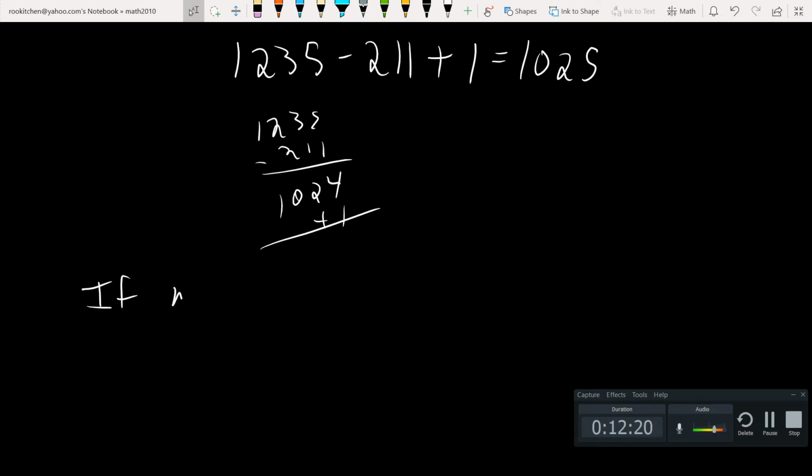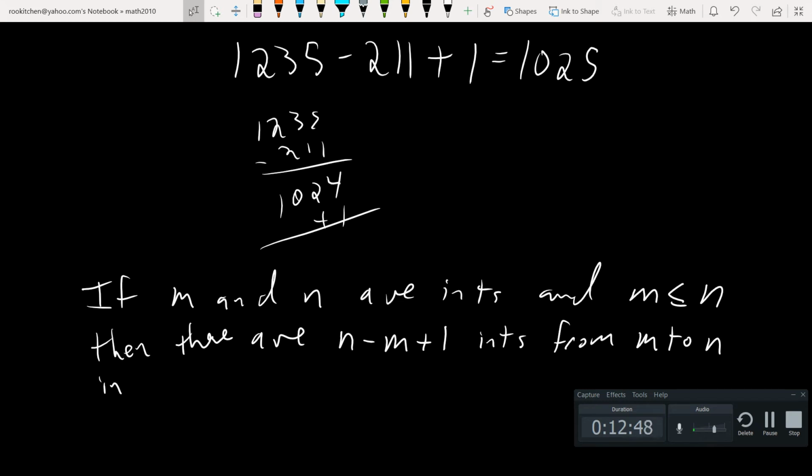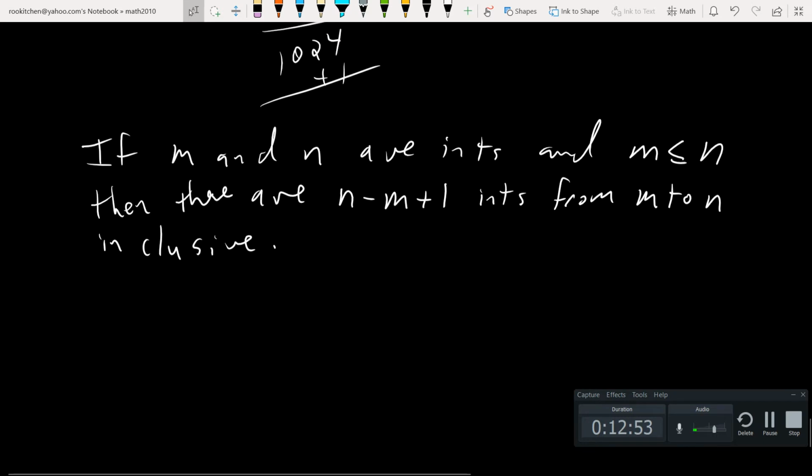In other words, if m and n are integers and n is the big number, so m is less than or equal to n, then there are n minus m plus 1 integers from m to n inclusive. Okay, so that's helpful.